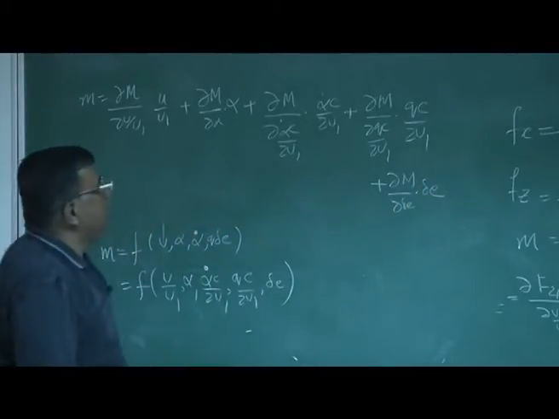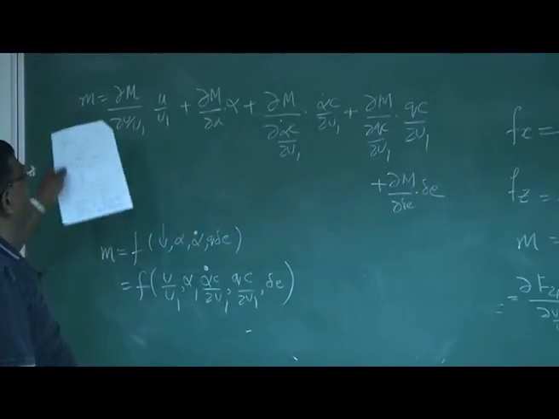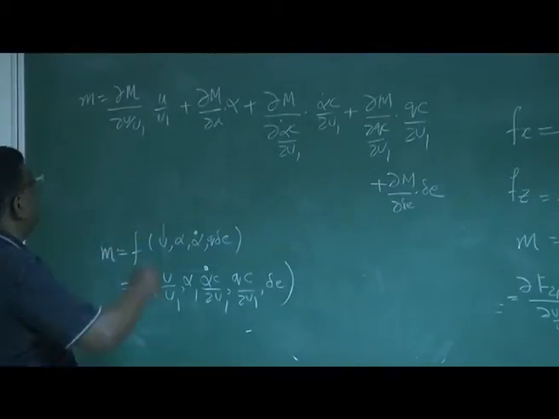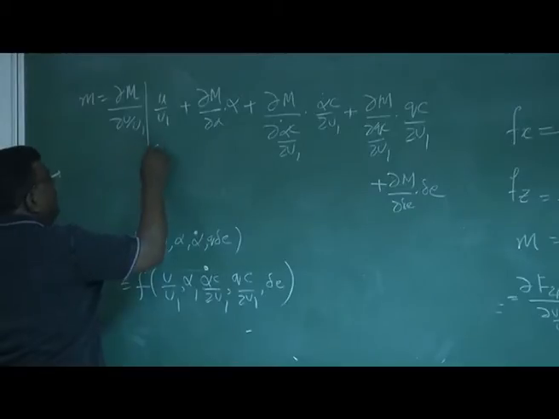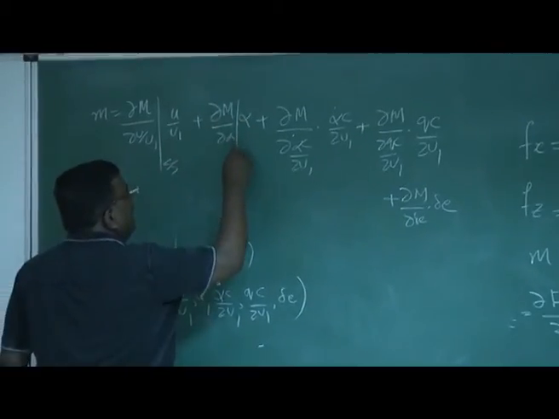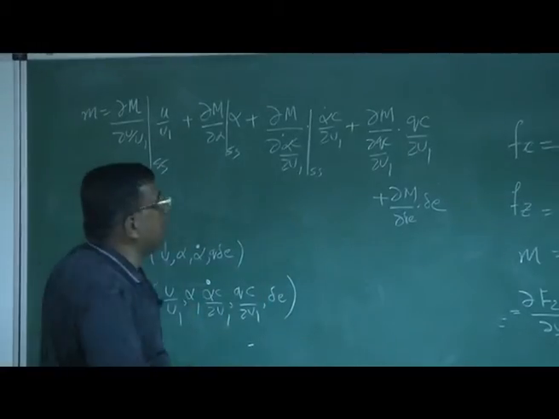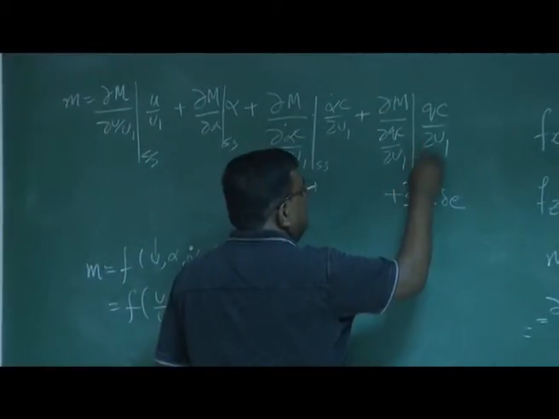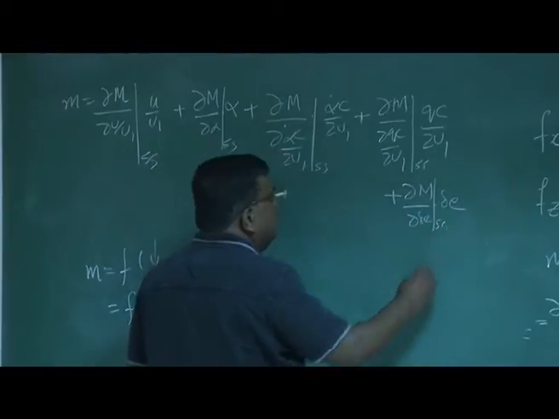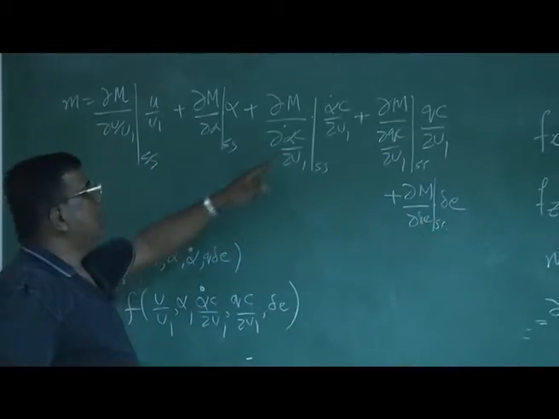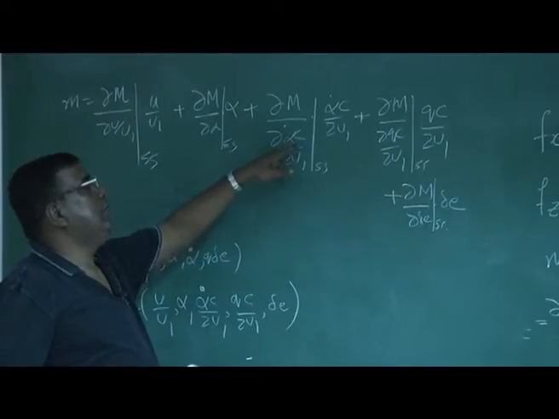And again, if I repeat, what is the meaning of dM by d(u by u1) and all these partial derivatives? They are the partial derivatives evaluated at steady state, that is, at equilibrium, about which I am giving the perturbation. Right? Okay, so you may suddenly start thinking, alpha dot c by 2u1, why not alpha dot c by u1?